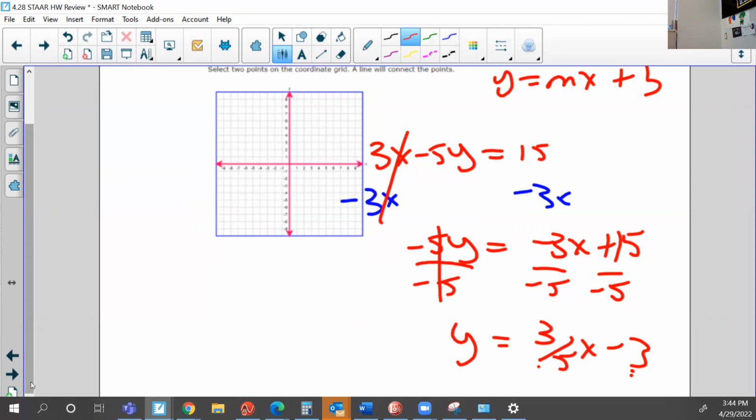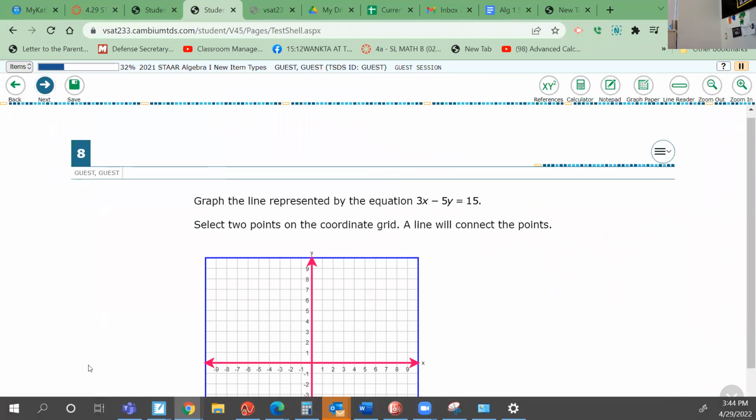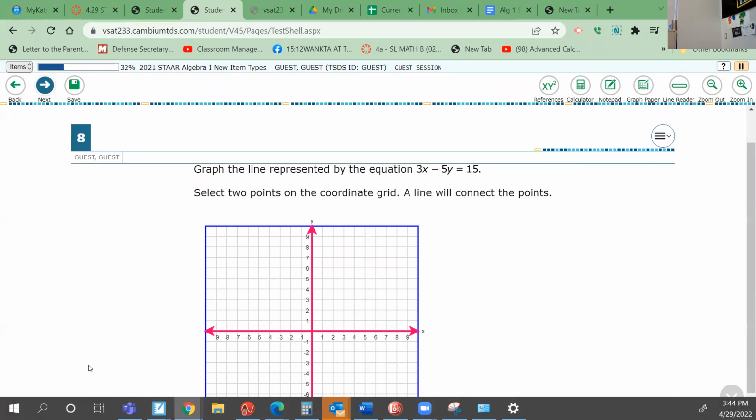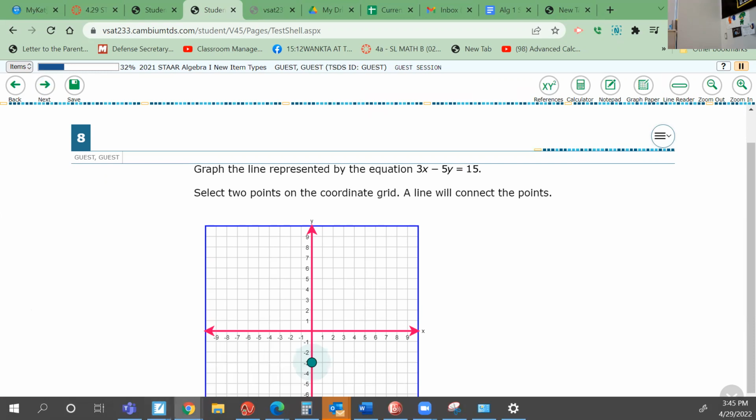Rise and run. So when we graph linear graphs, right, we want to use rise and run. I'm going to start at -3. Let's go back to the graph. So now I'm going to start at -3, right? So that's my starting point right there. And my slope is 3 over 5. Am I correct in saying that? Yeah. My slope is 3 over 5.